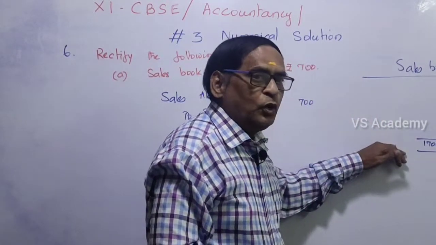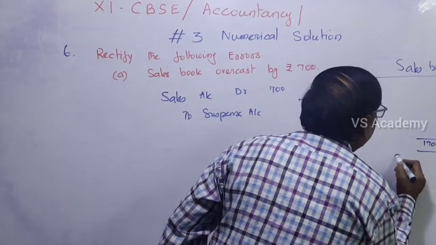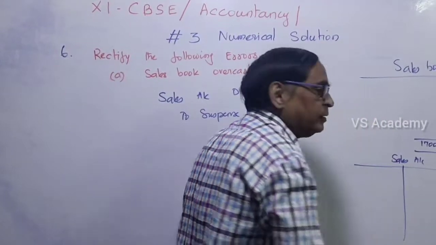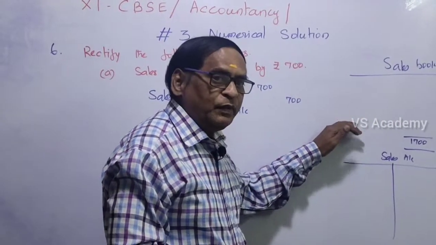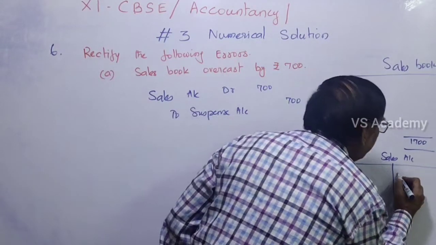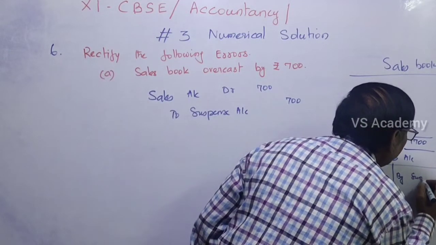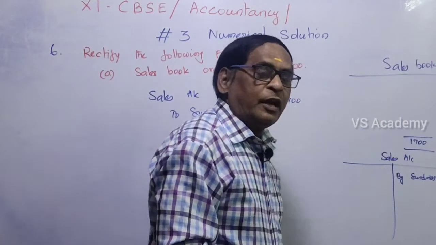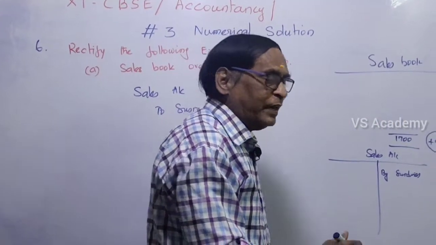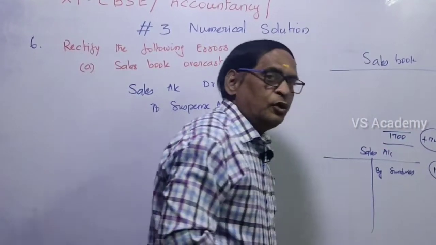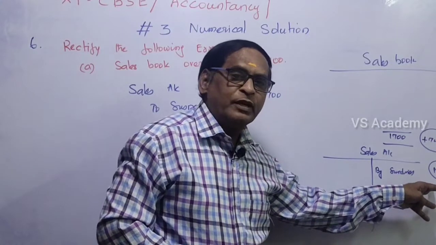Normally at the end of the month we will transfer from subsidiary book to sales account. So by sundries, instead of 1000 we have entered 1700 rupees, that is overcasting. So we have to deduct that 700 rupees.